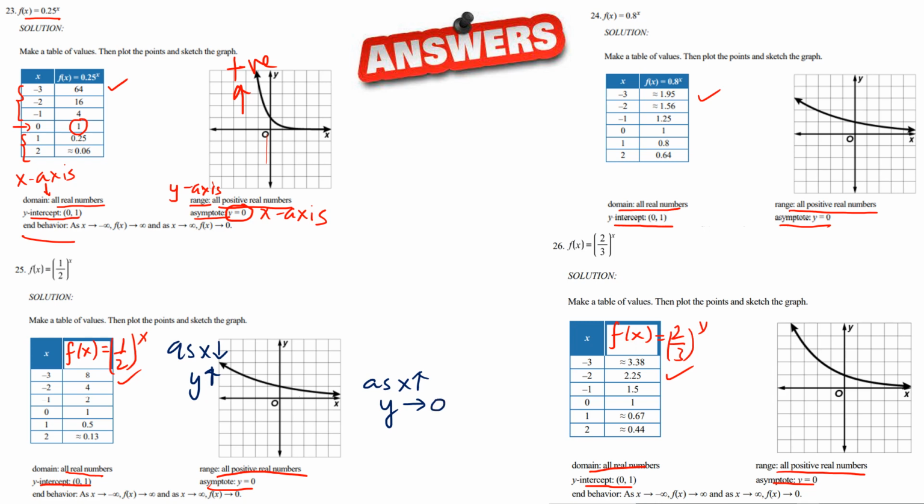So your end behavior would be, as x goes to minus infinity, on the negative side, the graph f(x) is going to plus infinity, going up. And as x is going towards plus infinity, f(x), or y, is going towards 0. The same end behavior is going to be there for all the 4 graphs.